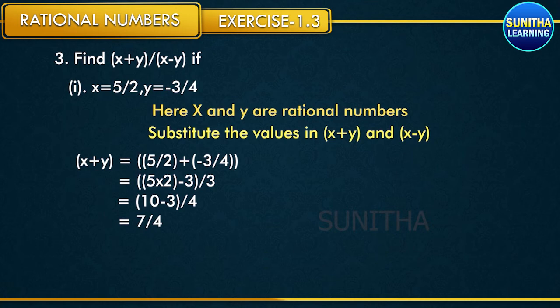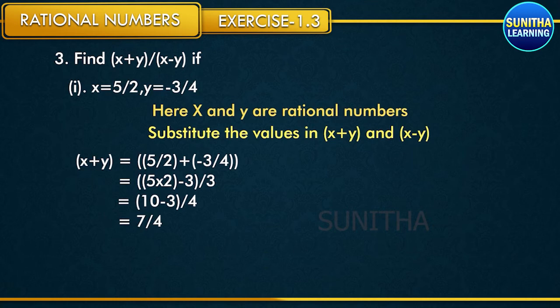Clear? Now 2 is divisible 2 times, and 4 is divisible 2 times. So 5 into 2 is 10. Now 4 is divisible 1 time only, so 1 into 3 is 3. So which is equal to 10 minus 3 is 7. So the answer is 7 by 4. So x plus y, we got 7 by 4.